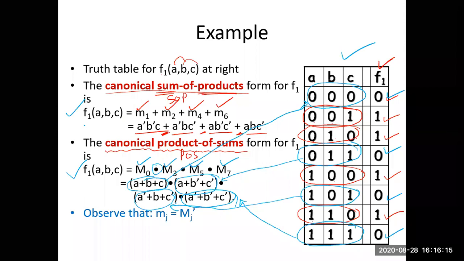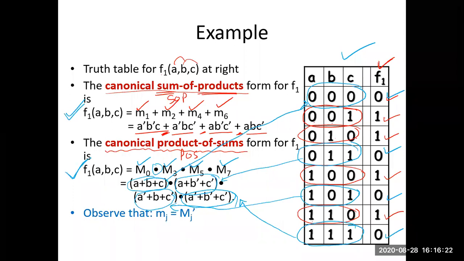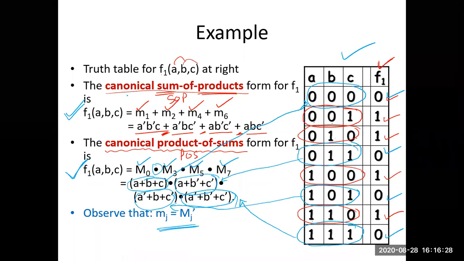So if you have the truth table of any function, you can write the expression of that truth table in the form of canonical SOP or canonical POS, and these two functions are equal. You can see that there is no don't care case; we will discuss don't care cases later.